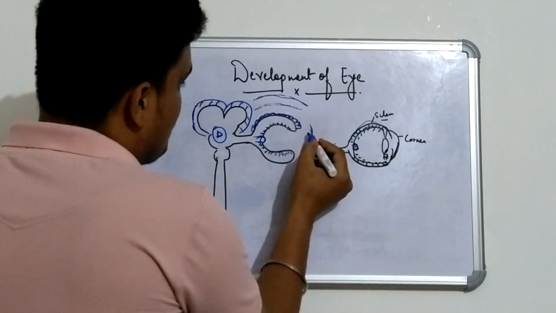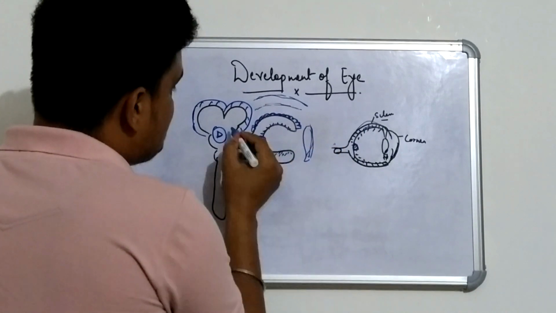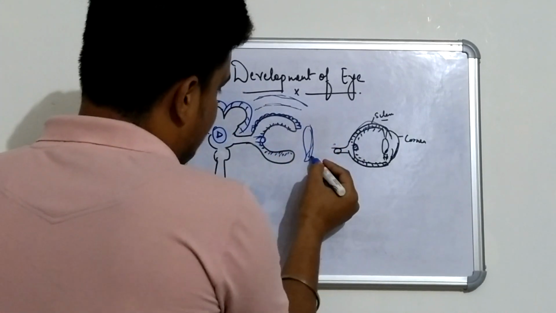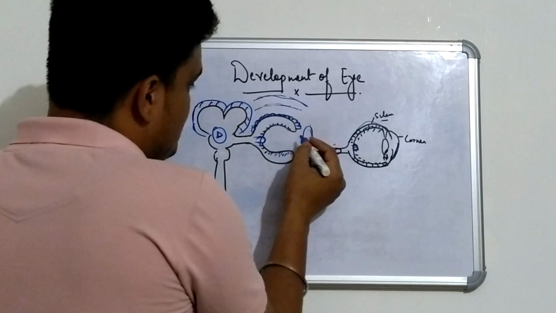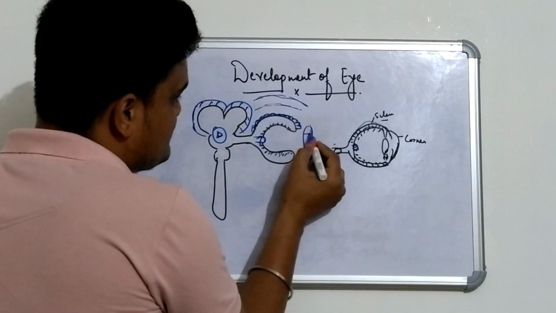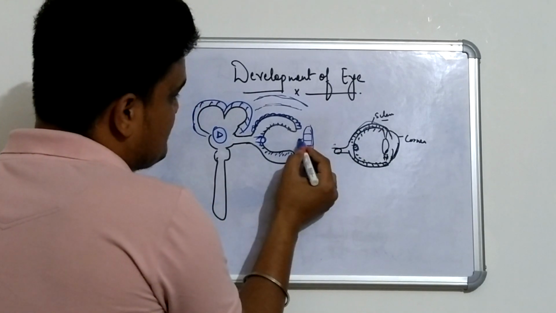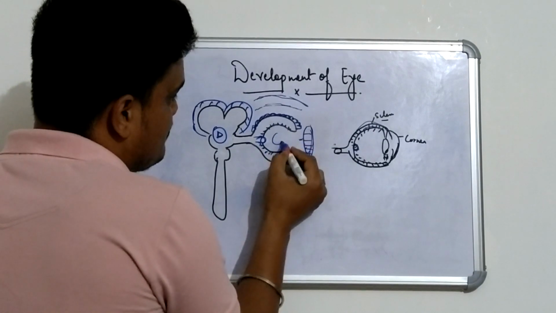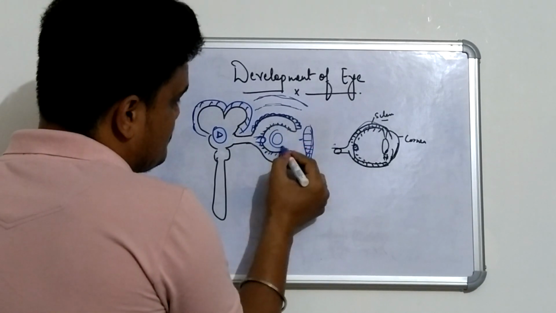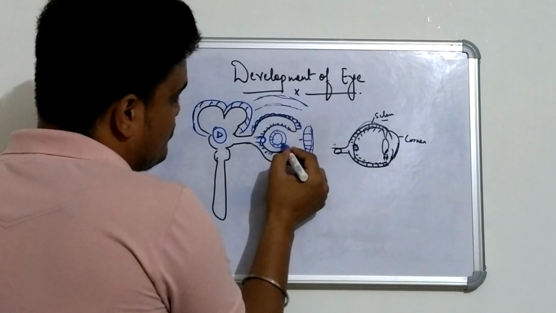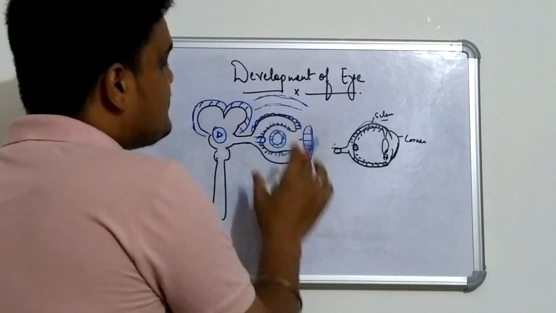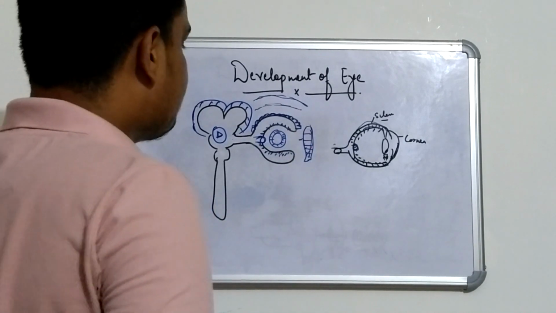And from the surface ectoderm, which is present initially, I have explained in the diagram. So from the surface ectoderm there is a formation of a lens placode, which further gives you a complete crystalline lens.